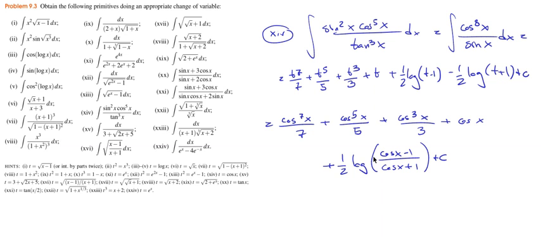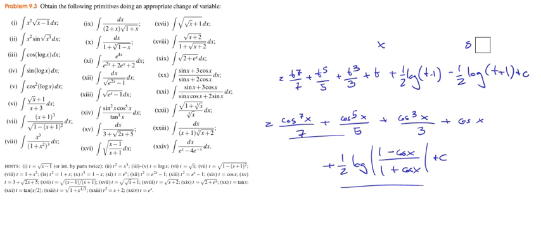Yeah, this is correct. Well, this is the absolute value of this, so you can write the absolute value of 1 minus the cosine of x divided by 1 plus the cosine of x. Okay, that's the primitive.